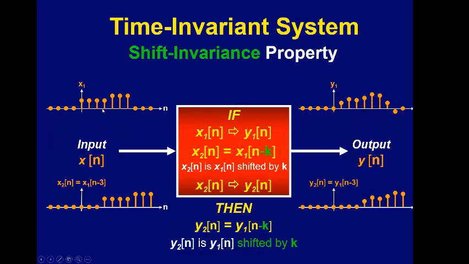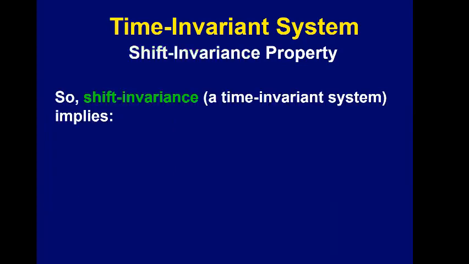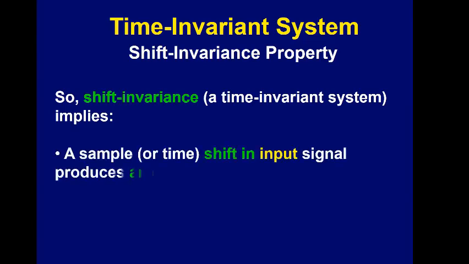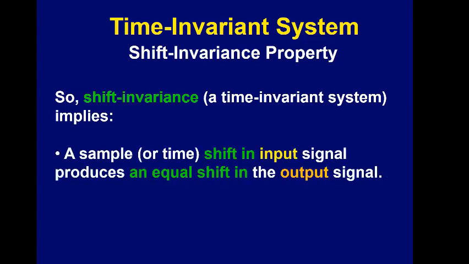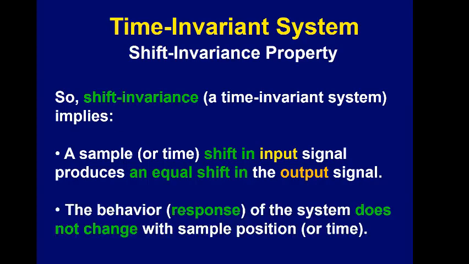So basically we're saying any sample shifts that happen on the input result in equally sized sample shifts on the outputs. That's shift invariance or time invariance. So shift invariance, if a system has that property, it implies that any sample shift in the input signal produces an equal shift in the output, not any shift, but an equal amount of shifting in the output.